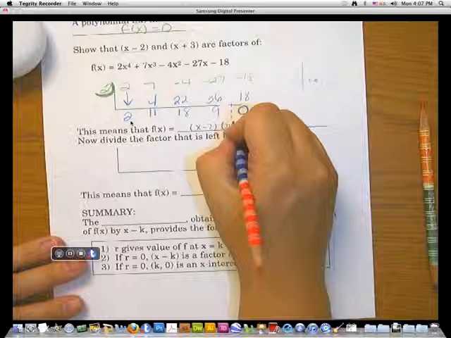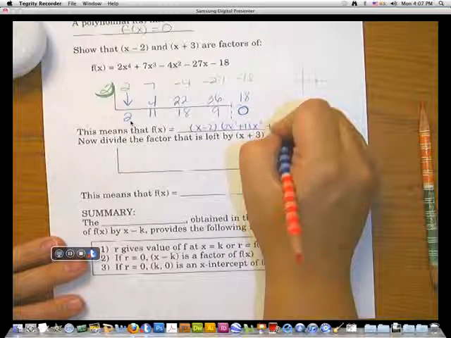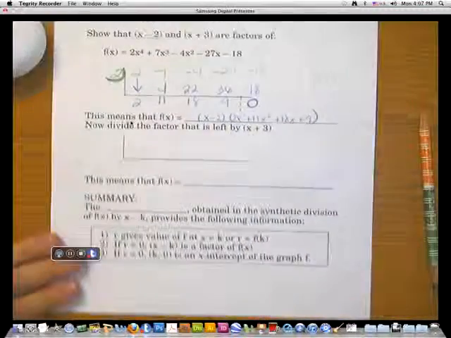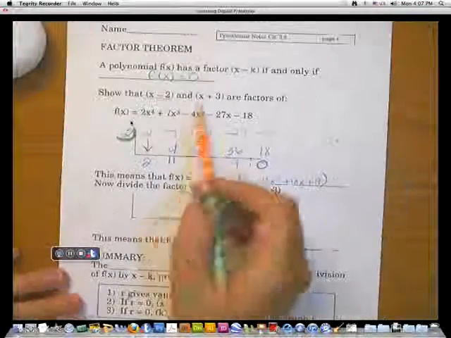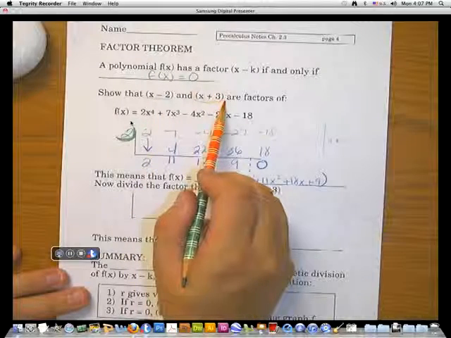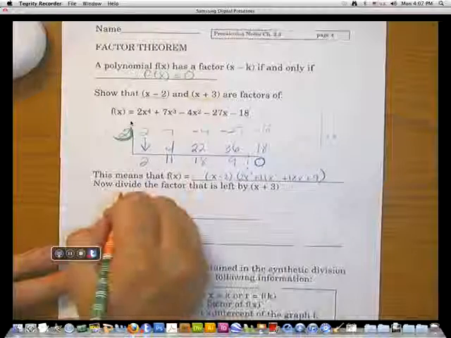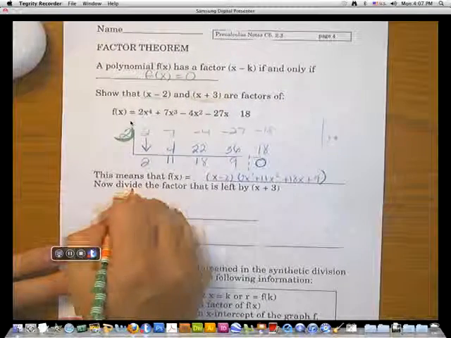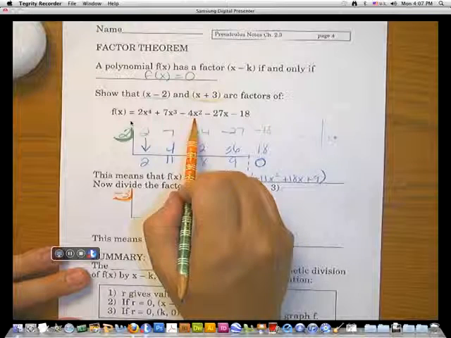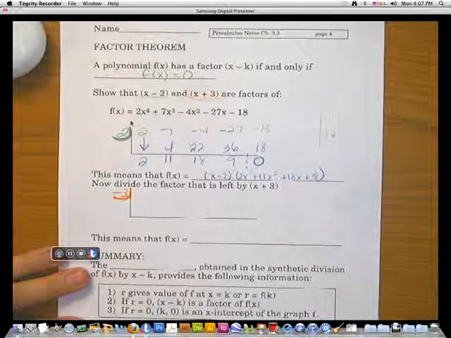Let's see, this is going to be 2x cubed, 11x squared, 18x plus 9. Now, if you know you have more than one factor, and we do, because it said we had x minus 2 and we have the x plus 3, then I can keep going. So I'm going to use my negative 3, but I'm not going to go back to my original. I knew x minus 2 went in, so that part's out.